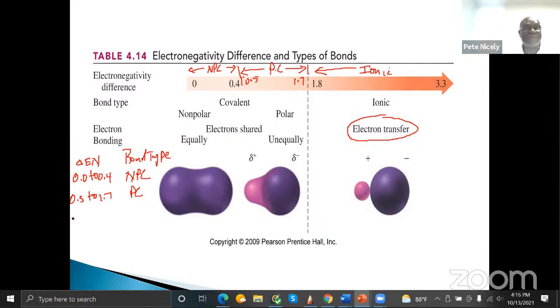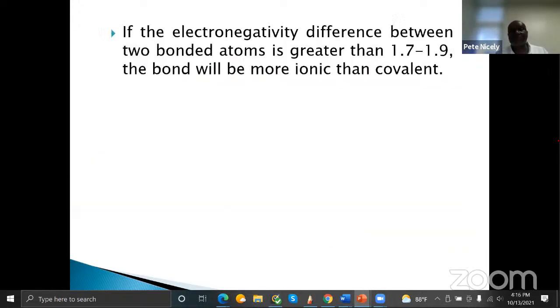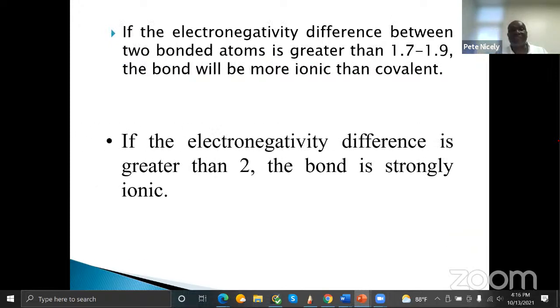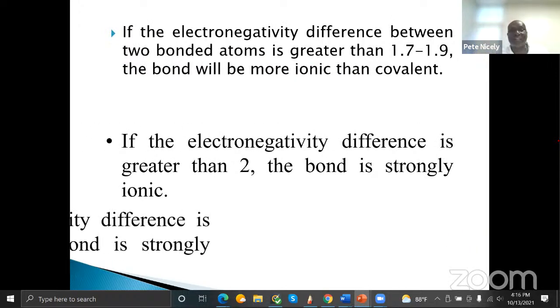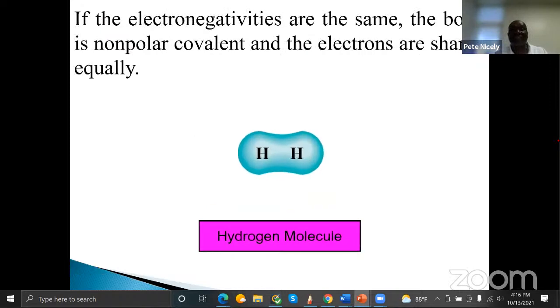And if the difference is 1.8 or higher, then the bond is ionic. So that's the criteria that we're going to use to make predictions as to the bond type of a particular bond. Okay, so let me skip this here. This is just summarizing what I just said. So let me get to some examples.